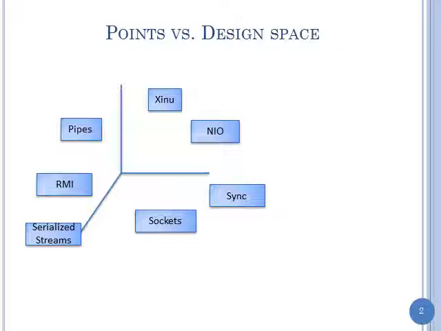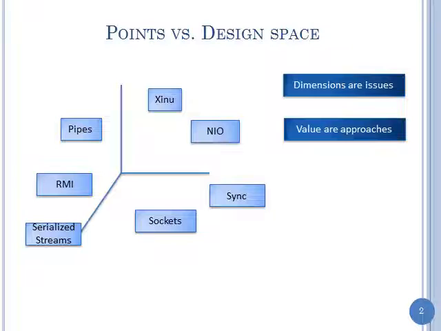Each of these basically represents an issue: programmability, performance perhaps, or function, or memory management. So the dimensions are issues, and that's why it's not really mathematical. But the values are approaches.